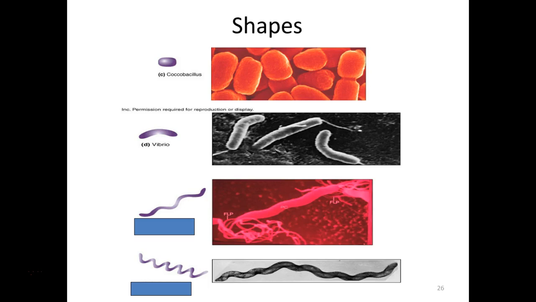Vibrio cholerae, the causative agent of cholera, is a vibrio. You'll also notice in this picture over here, you see this little line coming off, these two? That's a flagella, right? It's motile by means of flagella. And it's very common for this shape of organism to have flagella.